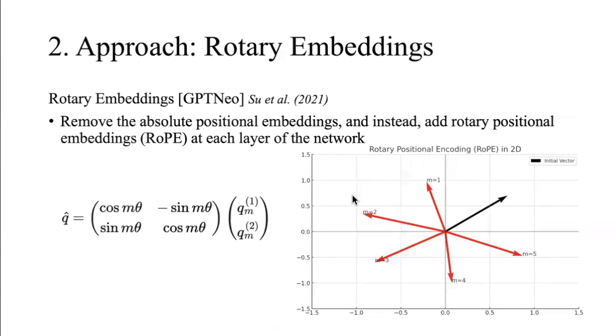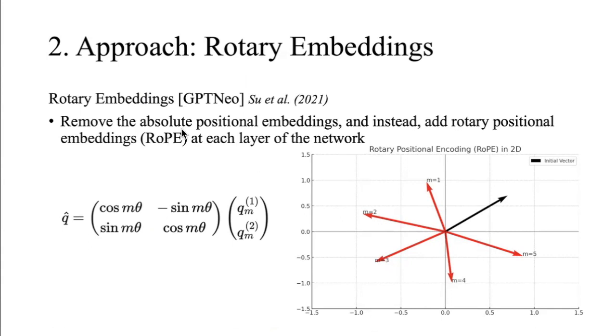The third major change is the rotary embeddings, or rotational embeddings. Rotational embedding is trying to tell the model the information about the positions of the tokens in the sequence.